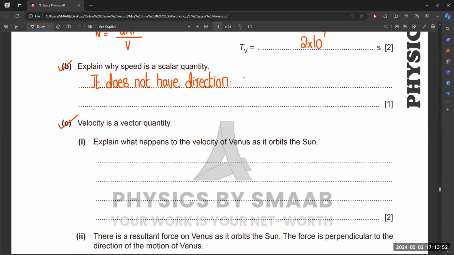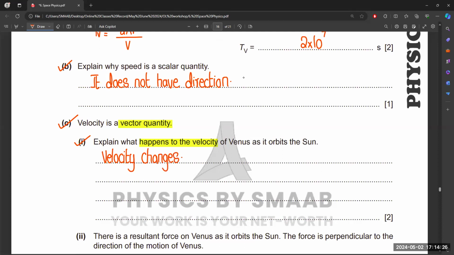Now explain what happens to the velocity of Venus as it orbits the sun. We know that velocity is a vector quantity and it also includes direction. When Venus starts to orbit around the sun, the direction definitely changes, so the velocity also changes.